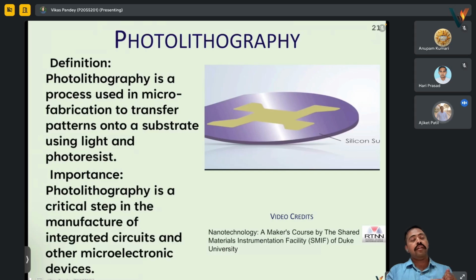Then again you have to pattern, like you cover it with something and keep the PR intact, and if you want to make other patterns, you will again have to deposit gold to make those patterns because everything else has been removed.